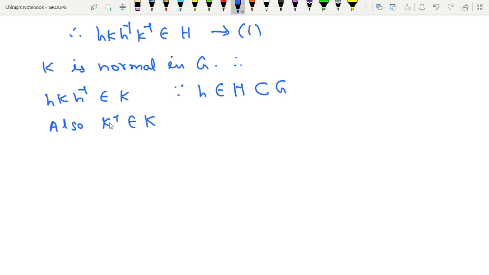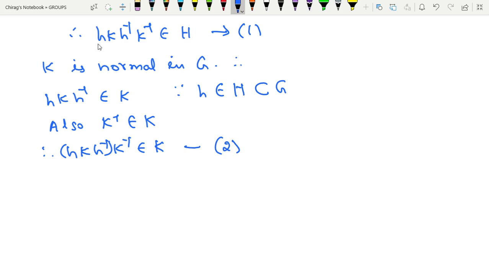So whenever k belongs to K, k inverse also belongs to K. Now, therefore, h k h inverse into k inverse belongs to K, because this element belongs to K and k inverse also belongs to K. By the closure property, h k h inverse into k inverse belongs to capital K. So this is true.